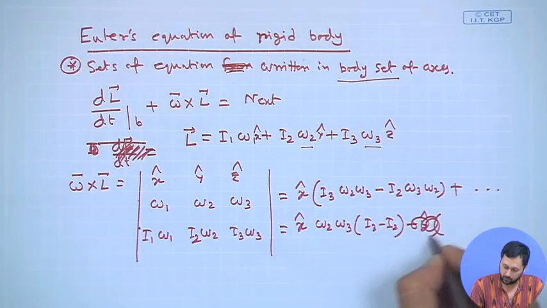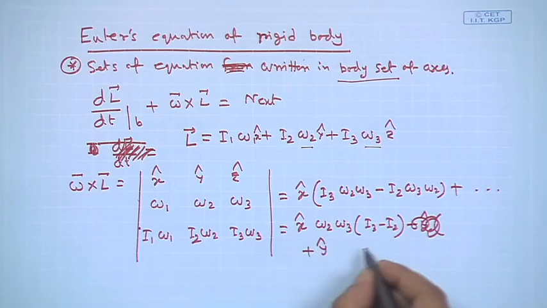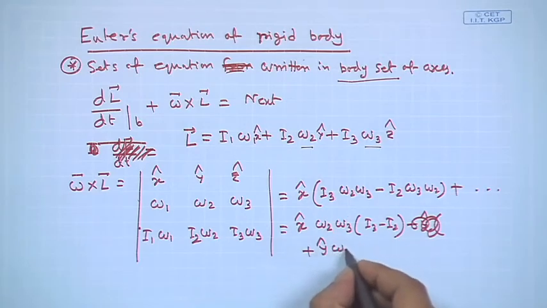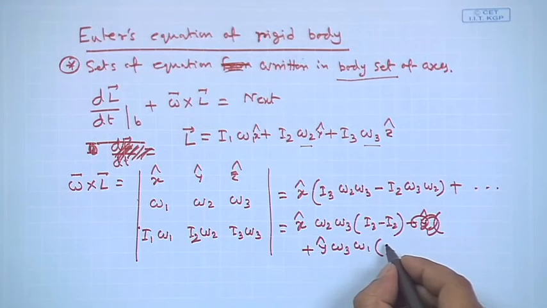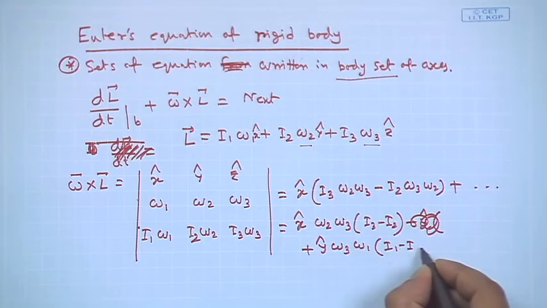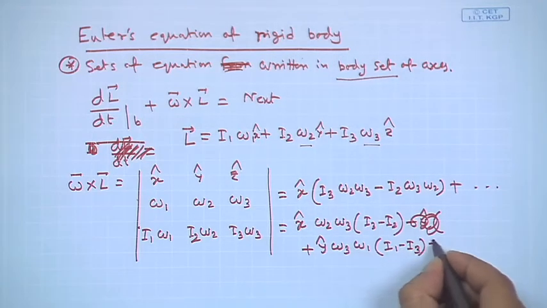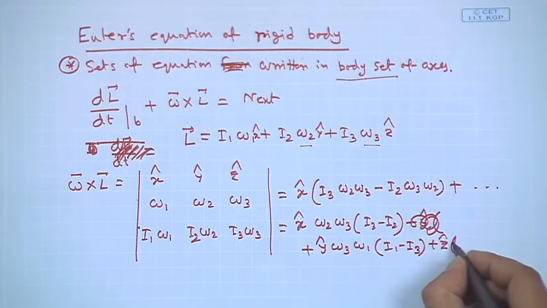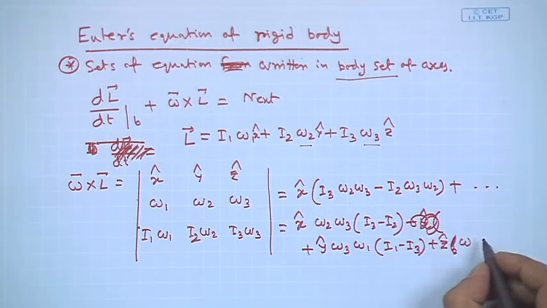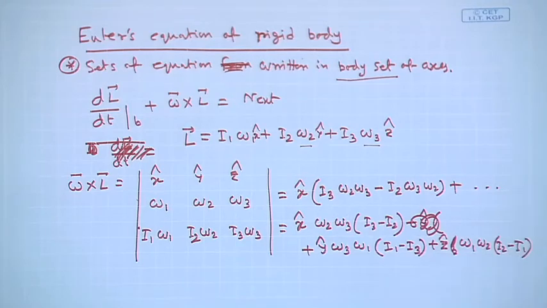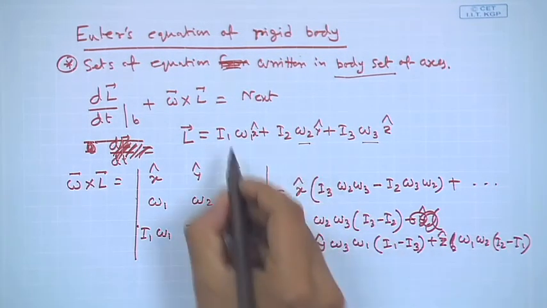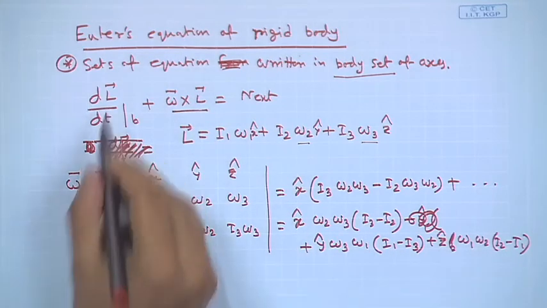Just by symmetry, without calculating, I can write omega 3 omega 1 (I1 minus I3), plus z cap omega 1 omega 2 (I2 minus I1).